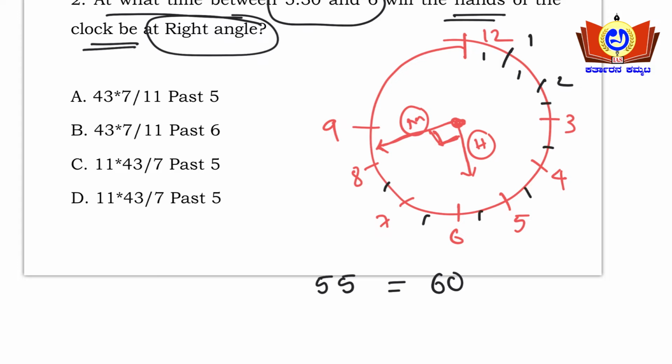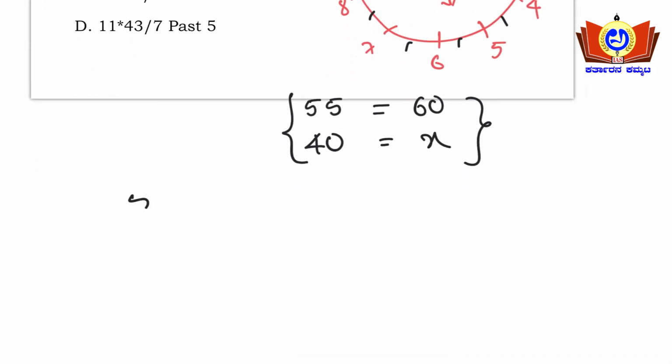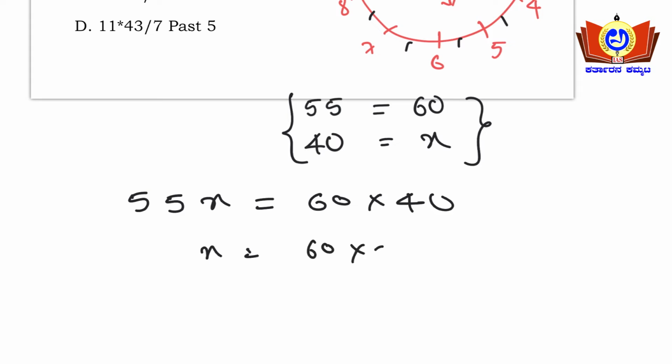So that is 40. So 40 equals, what is the time? That is x. This is the equation you need to frame. So 55x equals 60 into 40. So x is 60 into 40 upon 55.